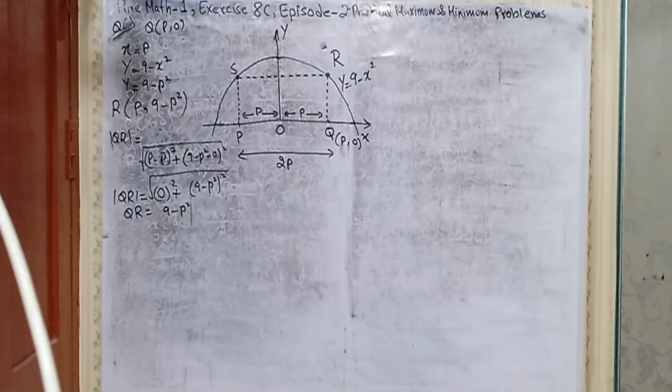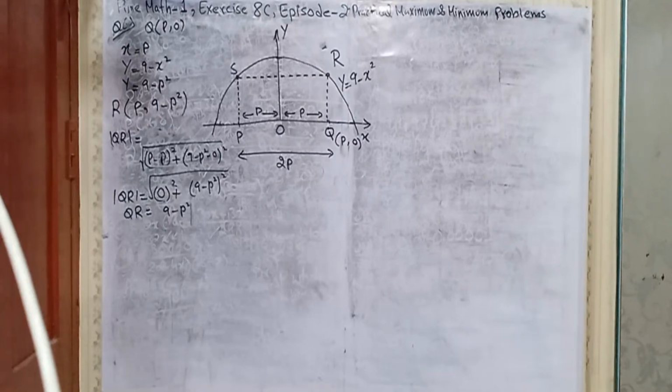From the coordinates of R, I subtracted the coordinates of Q and applied the distance formula, and found that the distance is 9 minus p squared. The first time I got p squared minus 9, but when you have a whole square, you can change the order and it makes no problem. So 9 minus p squared is the right answer for QR.